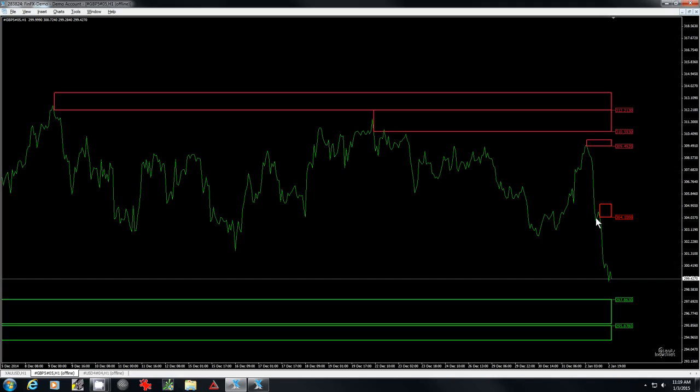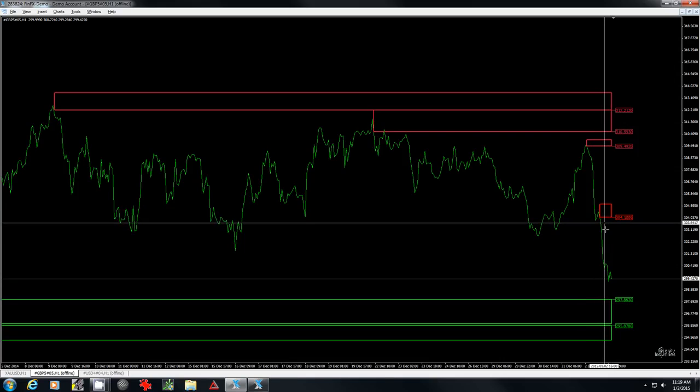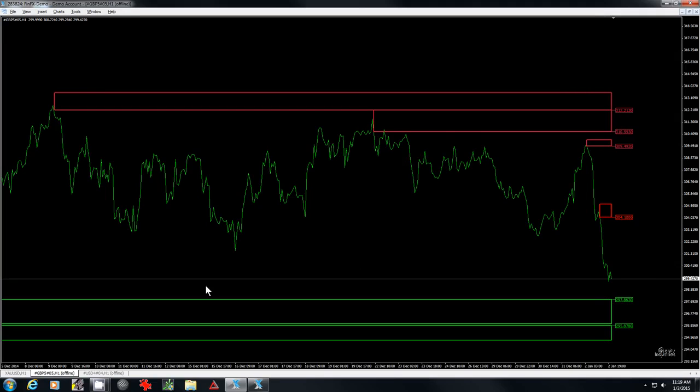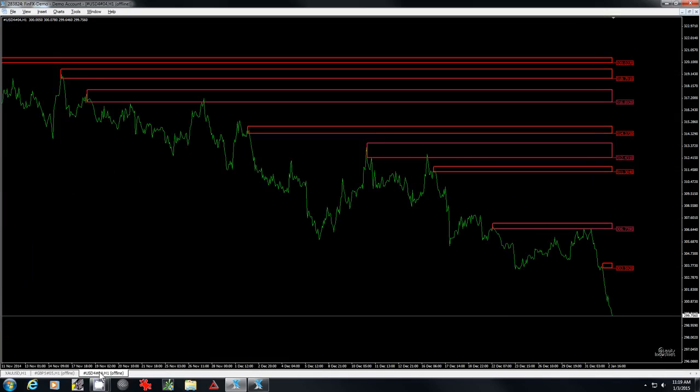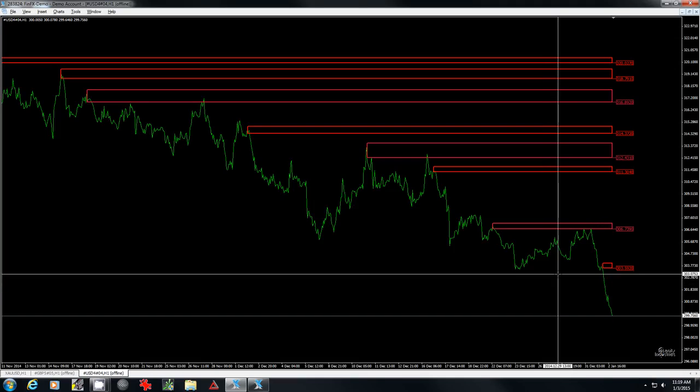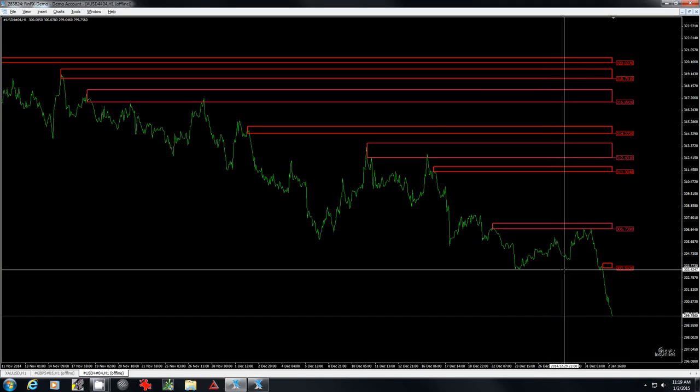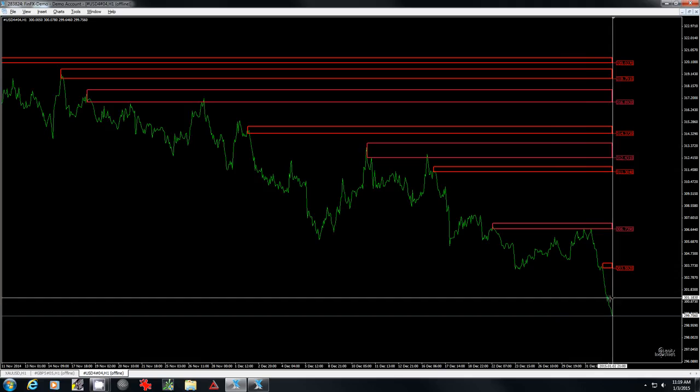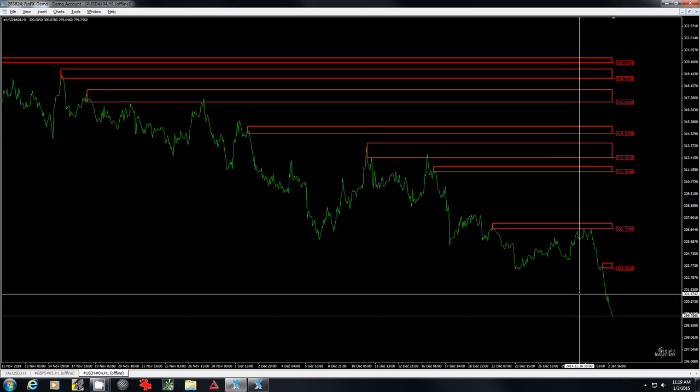This area, maybe we could have played this as a breakout, and then we could have caught it down to, maybe picked up 300 or 400 pips. Same way with this one. Looks like you got maybe some support right there, and that one broke out of that and went down. So we may be a little late on these.